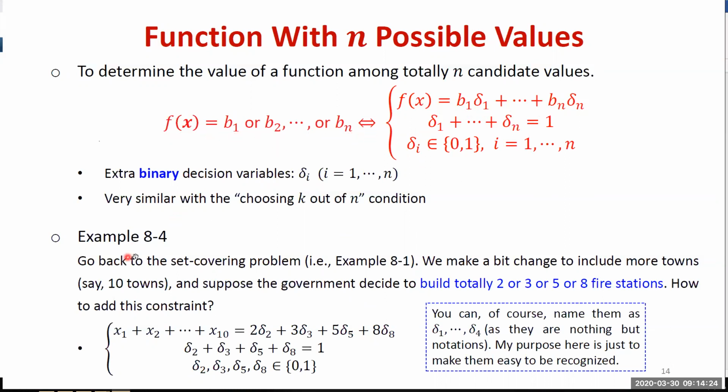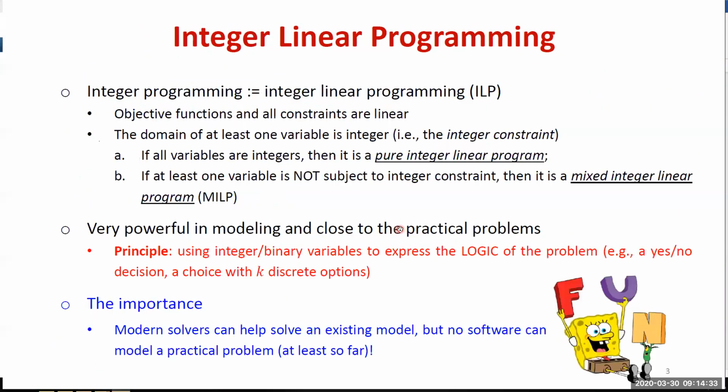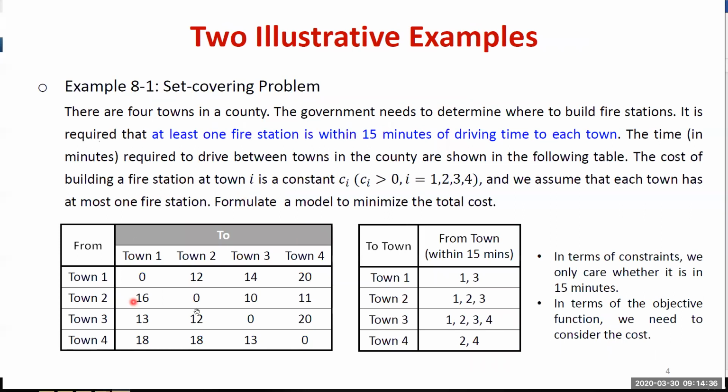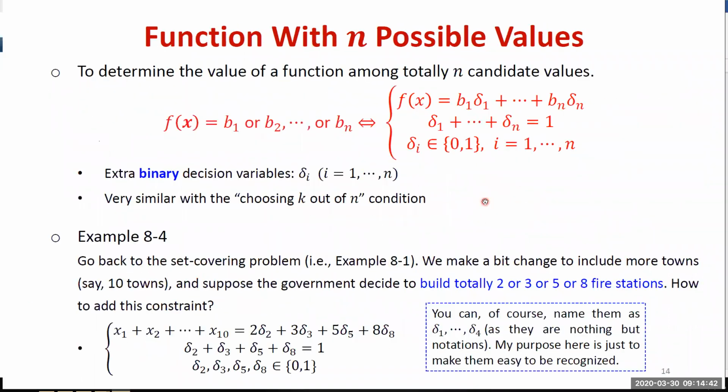As an example, let's have a look at the set covering problem. Here, I think it is about building fire stations, to determine where I should build a fire station. Suppose we have 10 towns, and suppose the government decided to build a total of 2 or 3 or 5 or 8 fire stations.